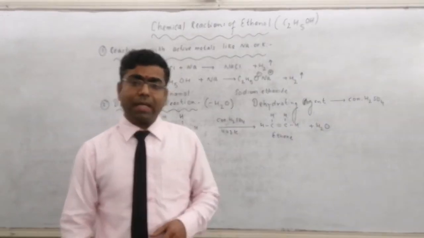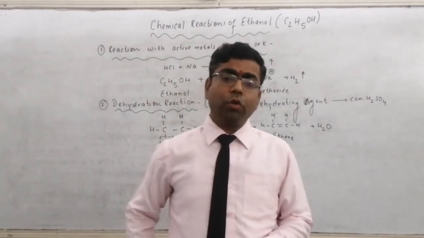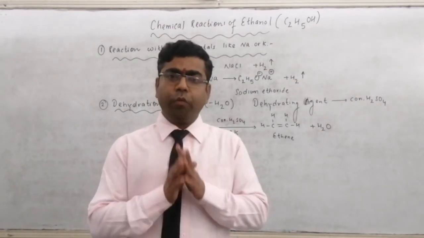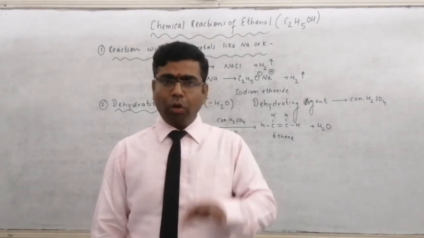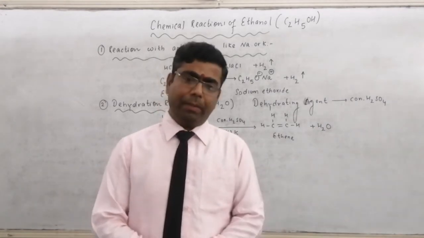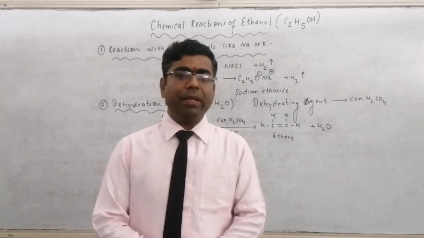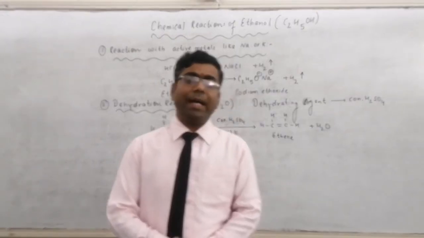So whenever alcohols are heated with concentrated H2SO4 at a temperature of 443 Kelvin, the alcohol gets converted to alkene. So these are the two important chemical reactions exhibited by ethanol.